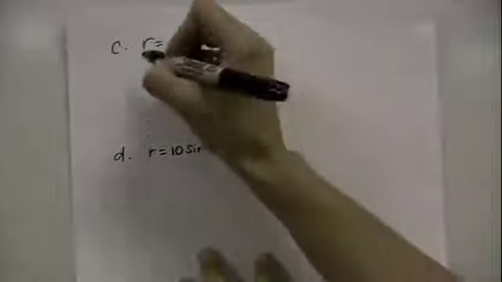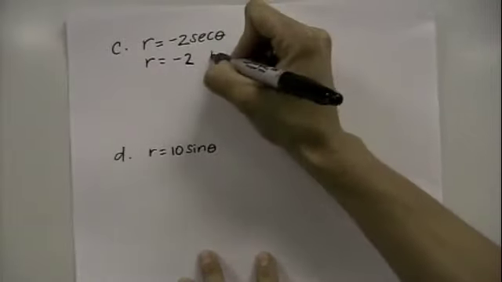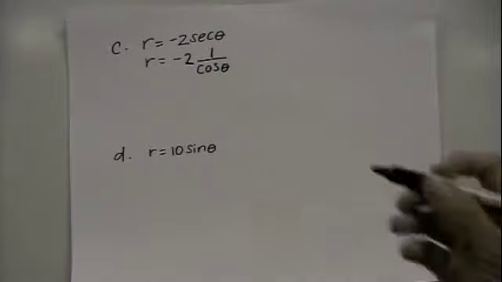For part C, it says r equals -2 secant of theta. The first step, we're going to rewrite secant of theta as 1 over cosine of theta. Next, we're going to multiply both sides by cosine of theta.